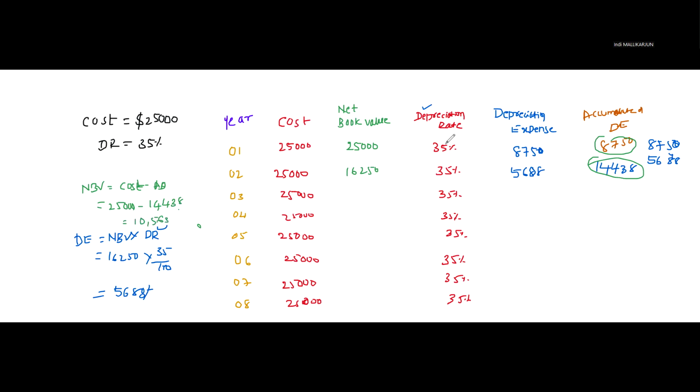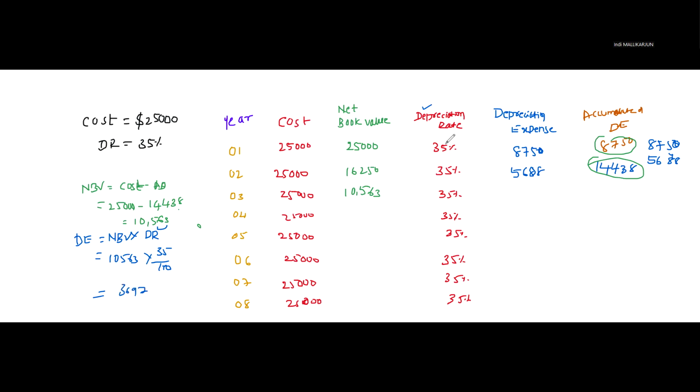This is your next net book value. Depreciation rate is 35%. The net book value changes here, 10,563, so you will get 3697.